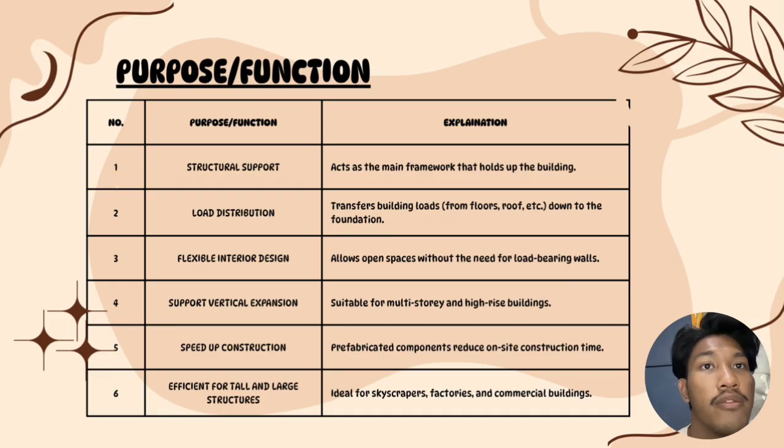Fourth is support for vertical expansion: suitable for multi-story and high-rise buildings. Number 5 is speeding up construction: prefabricated components reduce on-site construction time. And lastly, number 6 is efficient for tall and large structures, ideal for skyscrapers, factories, and commercial buildings.